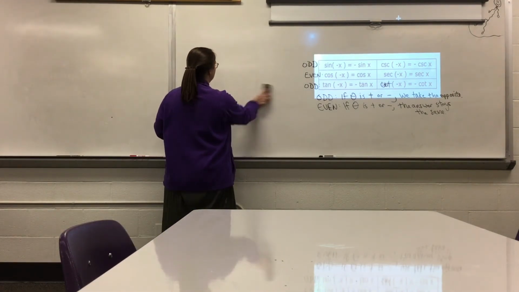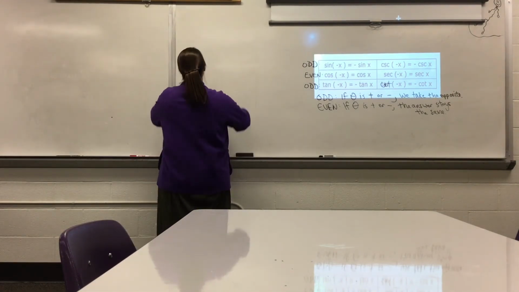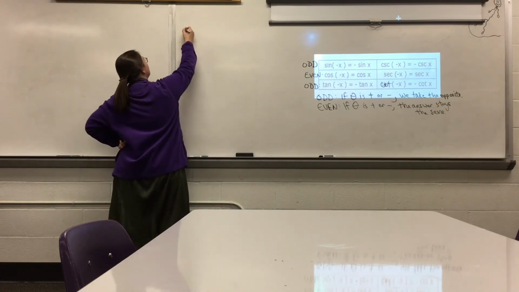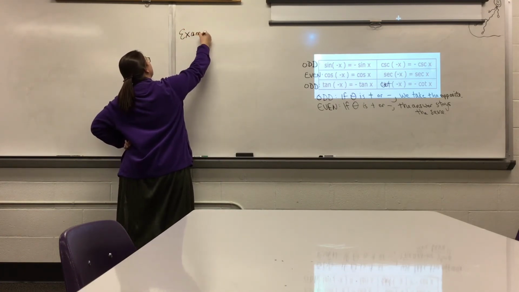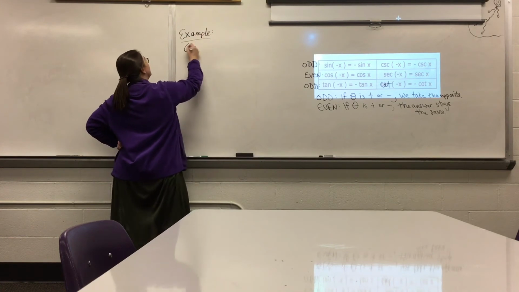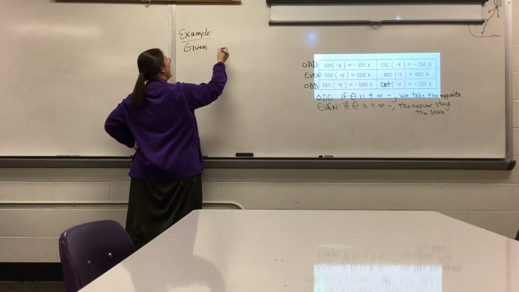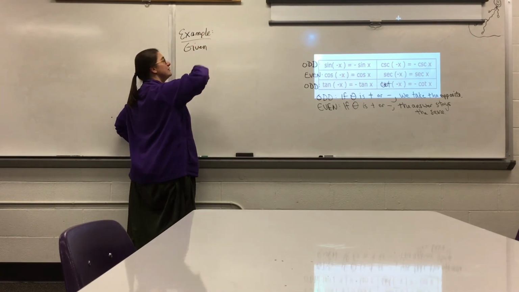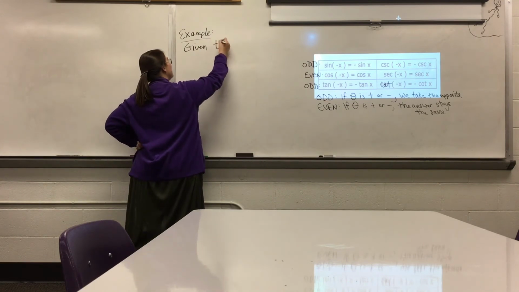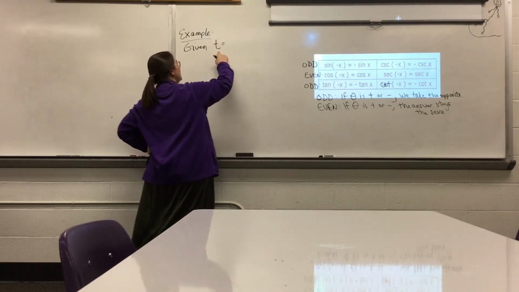Somebody give me... no, we're not gonna use an actual angle. Let's do this. Remember that t, alpha, theta, beta, all of those represent a variable or an angle, so let's call this t.